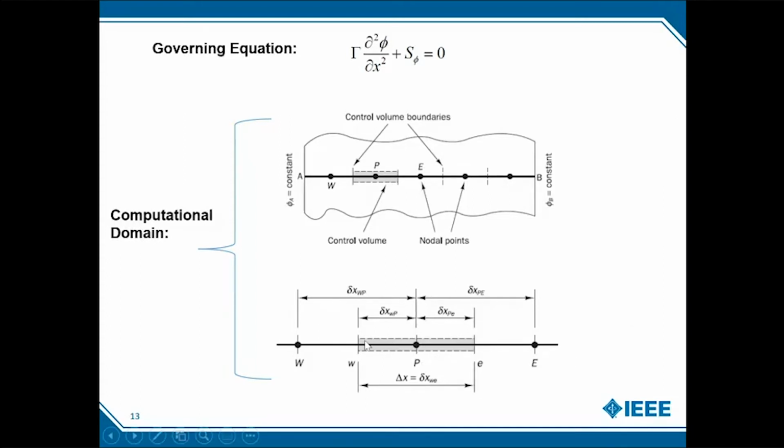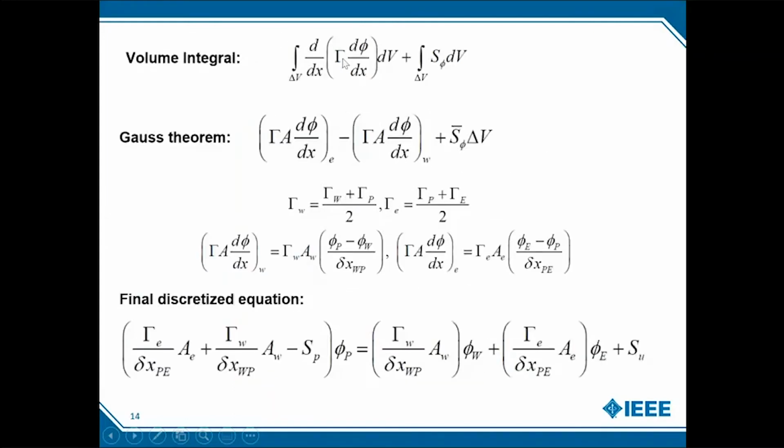Okay, yeah, so since this is a 1D problem, our control volume is basically delta x. So this is the equation from the previous slide, and I integrated with respect to dv. And now the next step over here is applying the Gauss divergence theorem, what I told you. So your divergence is nothing but d by dx.